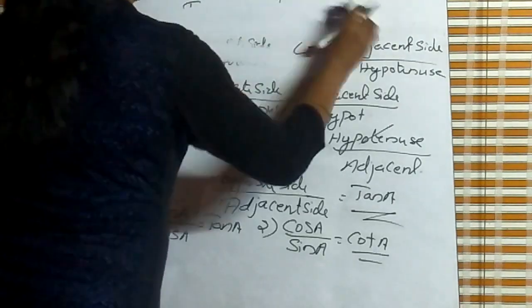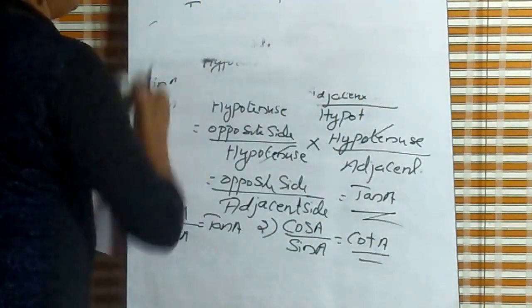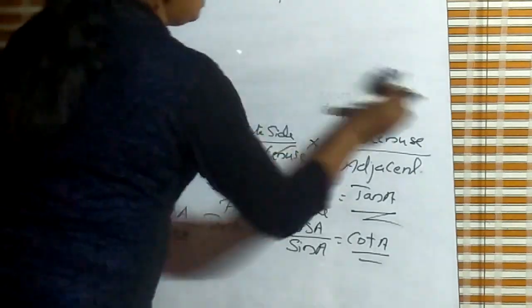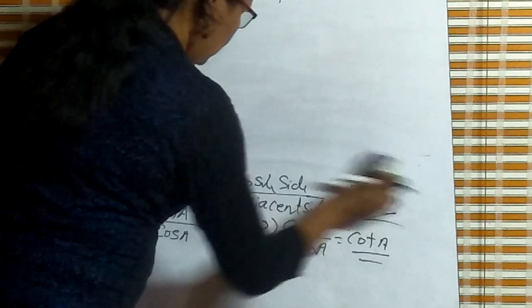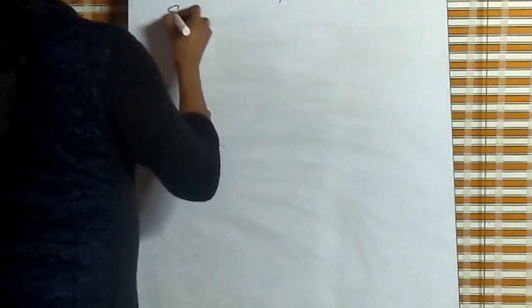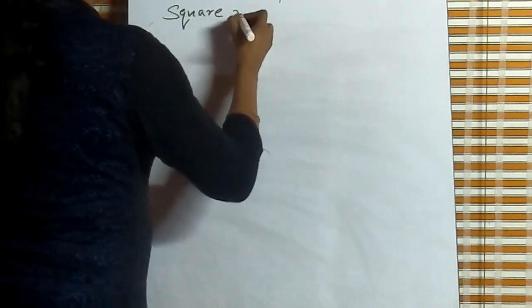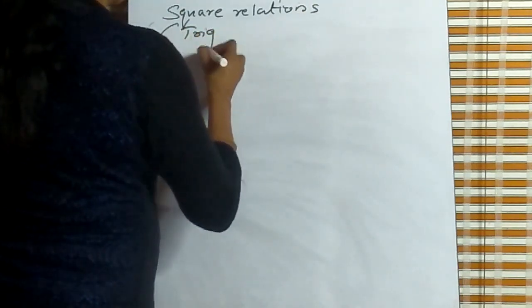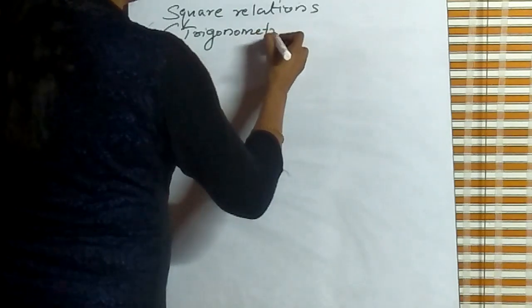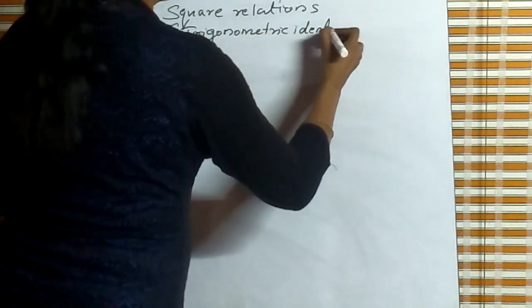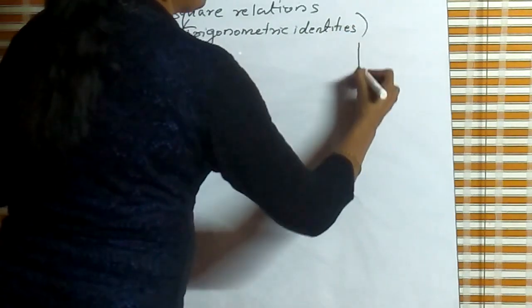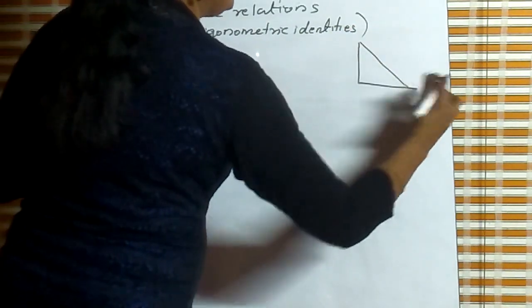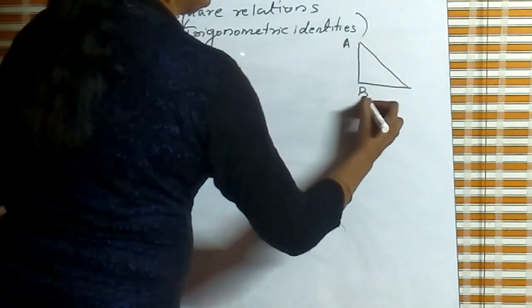Now, next one, square relations or trigonometric identities, based on one acute angle of a right angled triangle ABC.